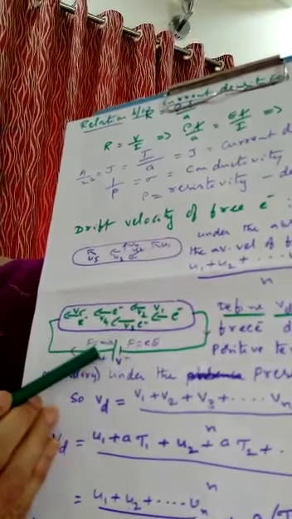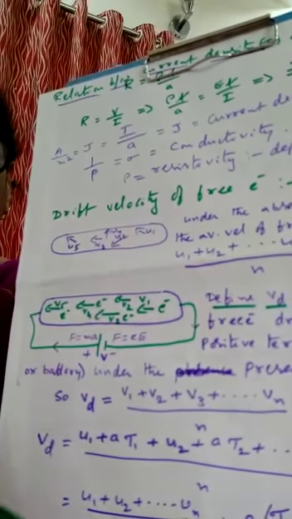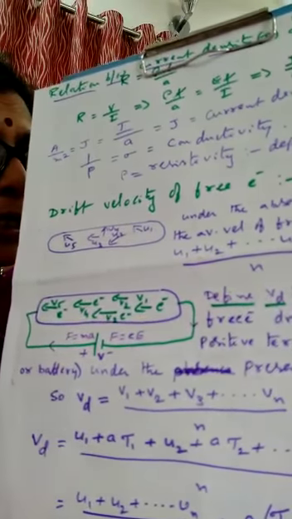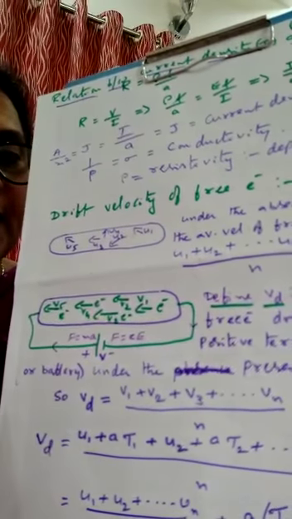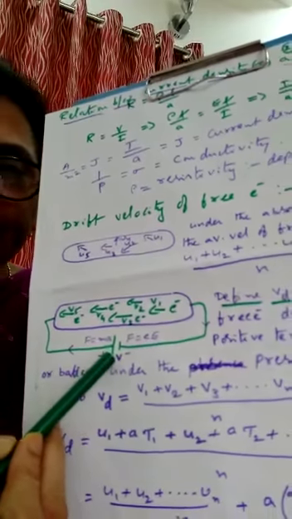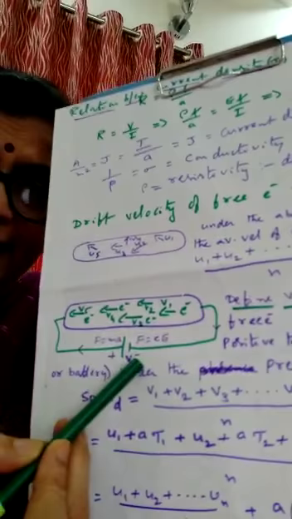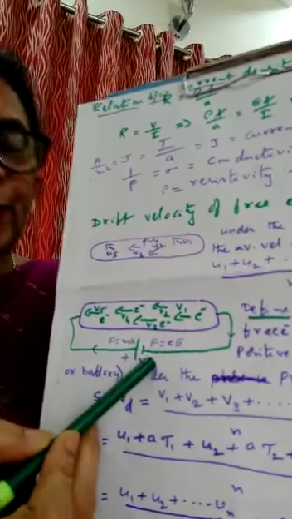So the acceleration of all electrons will remain the same. Don't get confused, we don't write a1, a2, a3. Why? Because a is constant. How is a constant? a is provided by the cell, and here we are connecting only one cell. So the acceleration of each electron is the same, that is why we write a only.